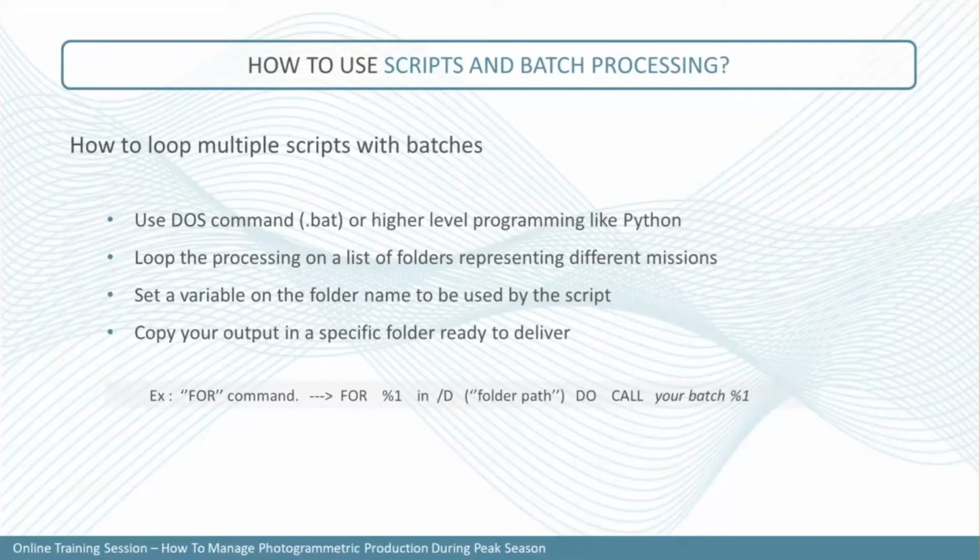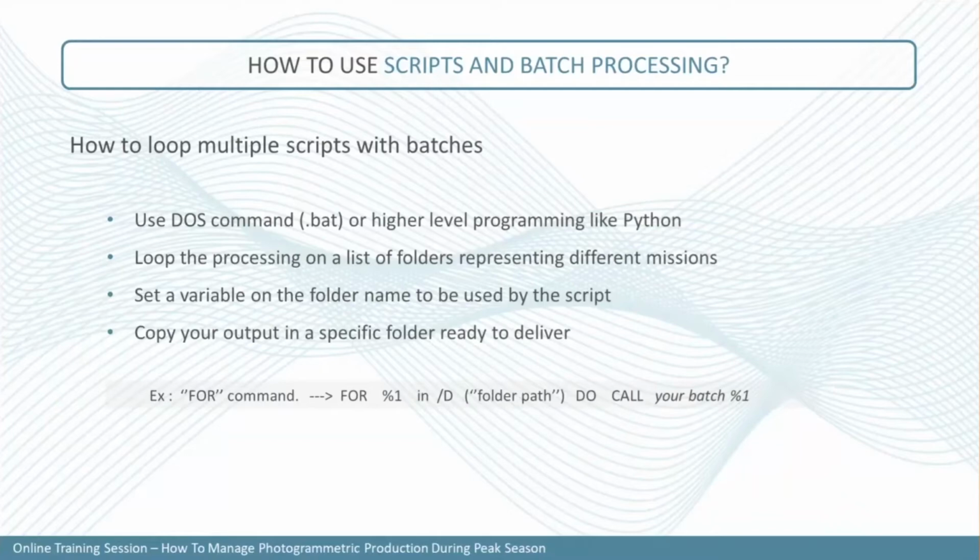So here, to do so, you can use what we call a for loop. The command would be: for every folder in this directory, you can call a script that will include a convert EO, the script, and then a copy of the deliverable.